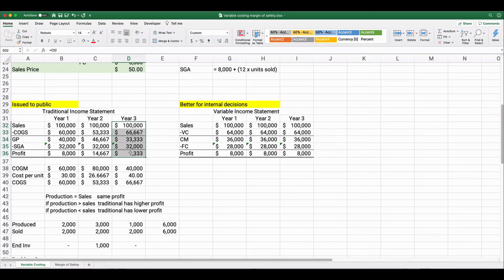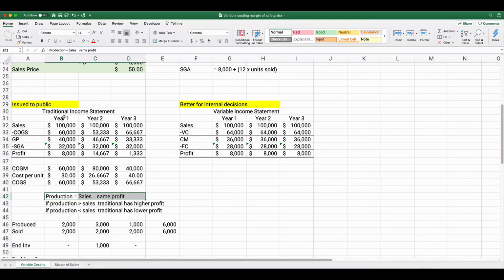This is only 1,333 versus 8,000. Now watch, what's the total profit we have here? The total profit is 24,000. What's the total profit over those 3 years? 24,000. So these would give us the same answer if the production equals the sales or over a long period of time.